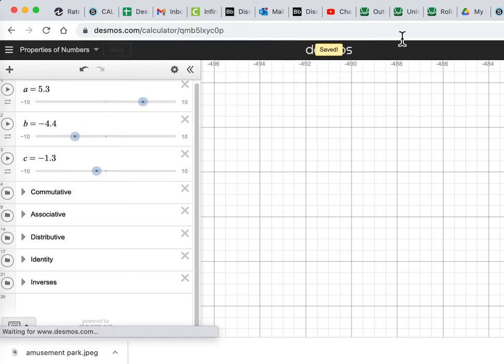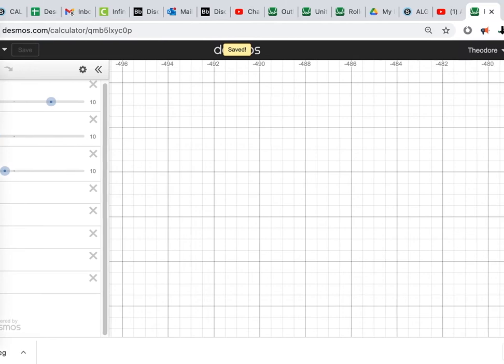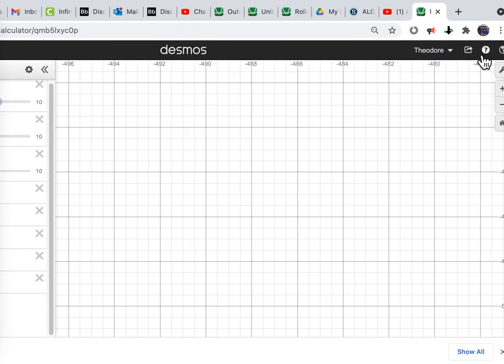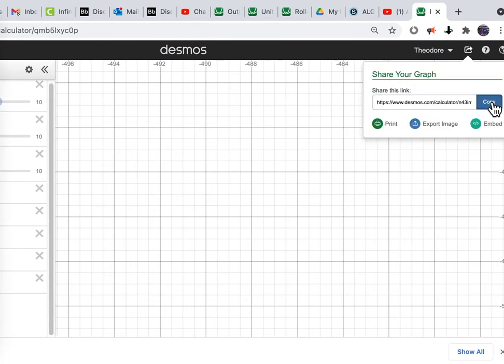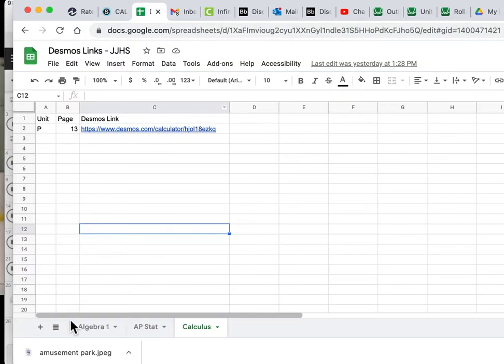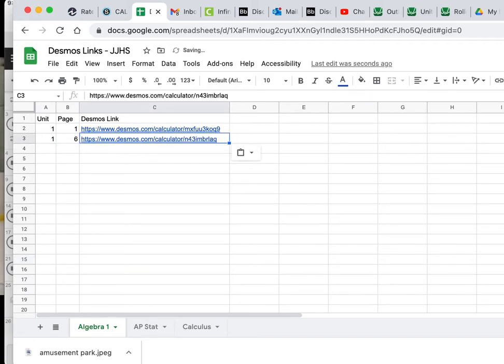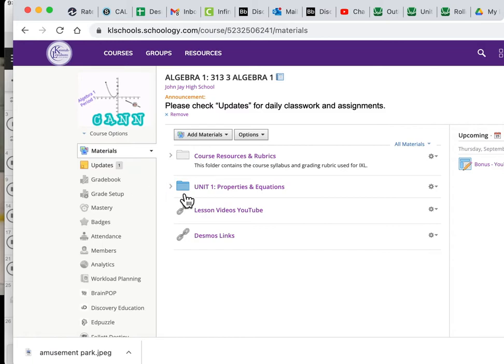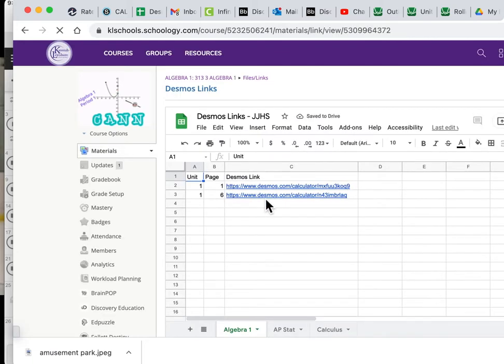Looks a lot nicer now. Then I grab this little share link, copy it. Now I have this nice spreadsheet that you go to whenever you need links. So this is page 6 in Unit 1. And there's the link. All right, so you have access to it when you go into Schoology. So in Schoology you have Desmos links. You see that it's there now. Okay, so that's there for you.